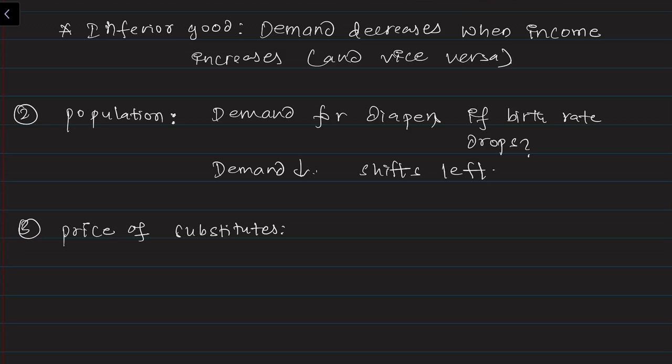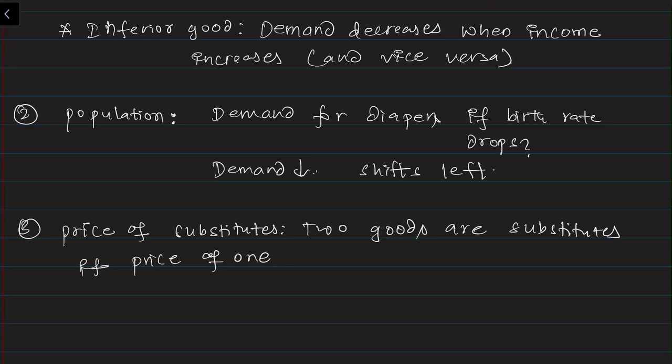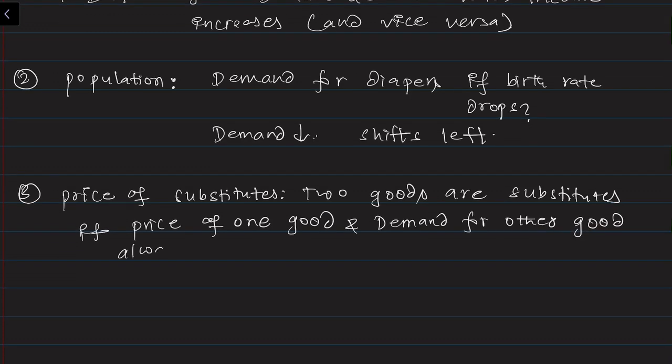Two goods are substitutes if the price of one good and the demand for the other good always move in the same direction.